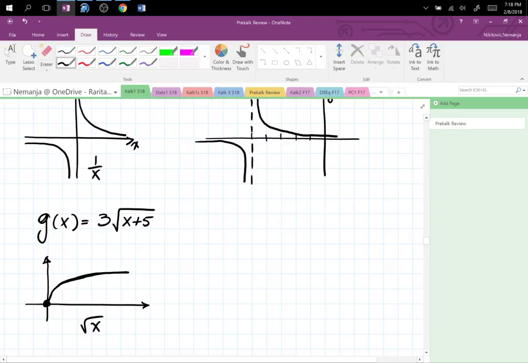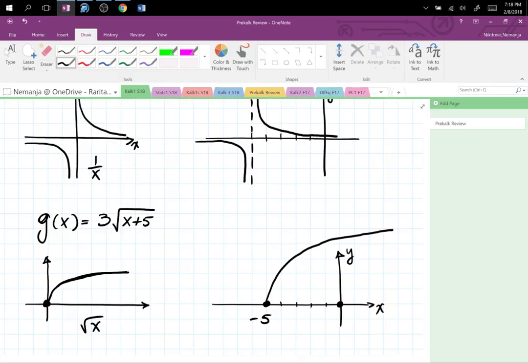This is my 1 over x, default function. And now what I need to do is, instead of being at the origin, I need to go 1, 2, 3, 4, 5 units to the left. And then I need to make it go taller because it's 3 times. So the amplitude of 3 is going to stretch it vertically, make it taller. And then x plus 5 is going to shift everything to the left.